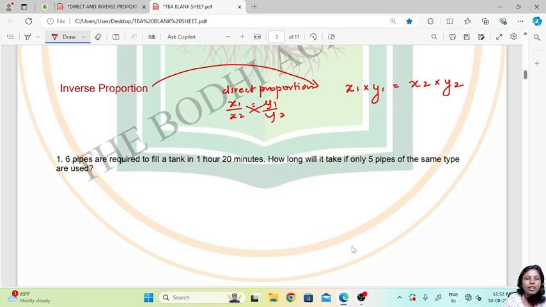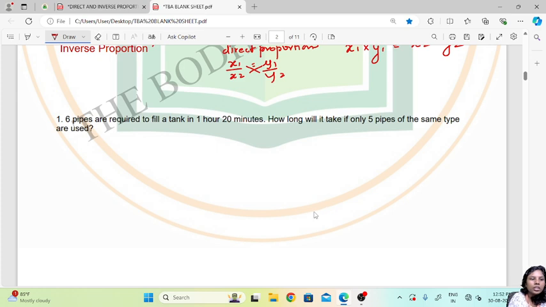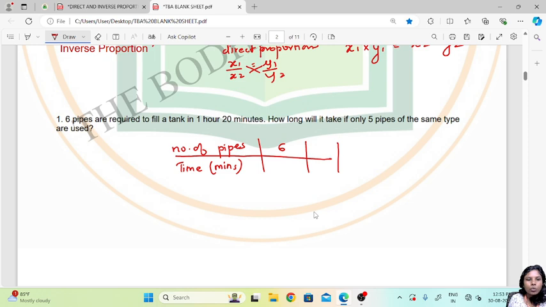Now let's try to solve the first one. Here we have 6 pipes that are required to fill a tank in 1 hour 20 minutes. How long will it take if only 5 pipes of the same type are used? So we have number of pipes and the time, in minutes. Number of pipes is 6, and how long does it take? 1 hour 20 minutes.